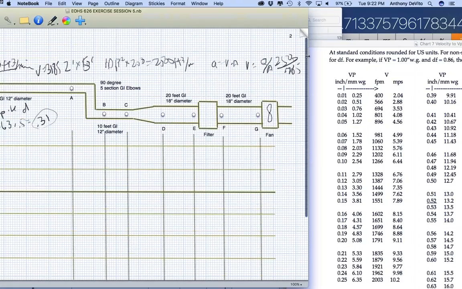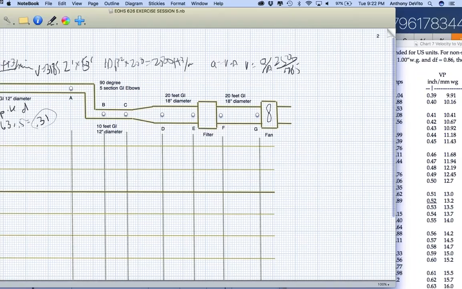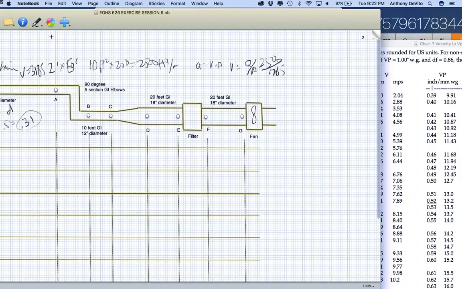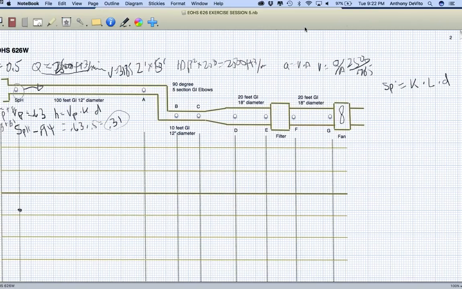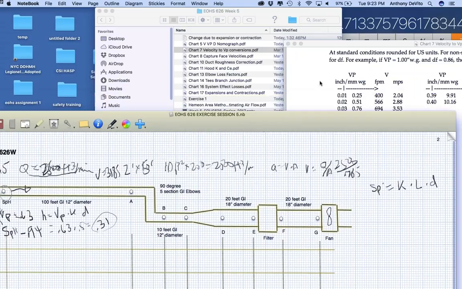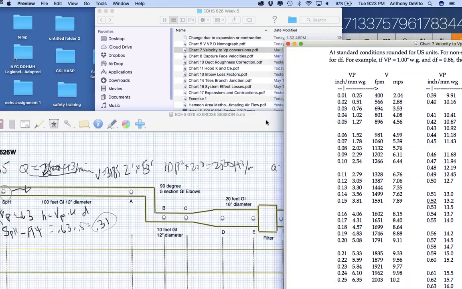I'm going to pull this out. So the static pressure loss is going to be equal to the K factor for the duct times the length of the duct times D. So we have to look up this K factor for the 12-inch diameter galvanized iron duct.